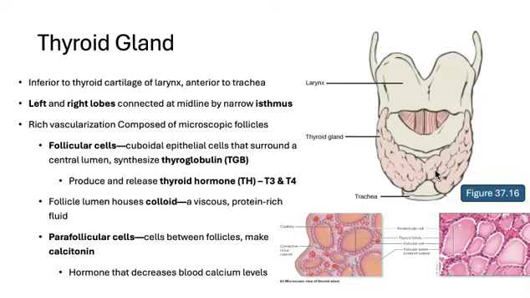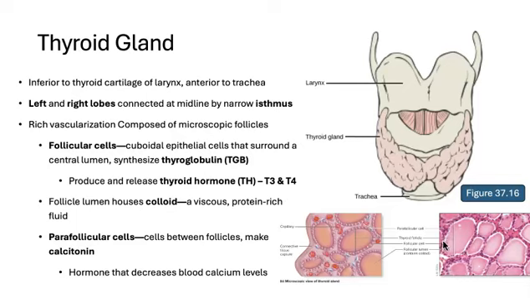We'll also see that it's made up of a lot of microscopic follicles, which you could see pictured down over here. This is an illustration on this side, and this is an actual histology slide in which we use stains to kind of highlight some of these areas. So our follicular cells, which are going to be these purple-like round cells here that are cuboidal in nature, and they surround a central lumen, and their job is to synthesize or create a thyroglobulin.